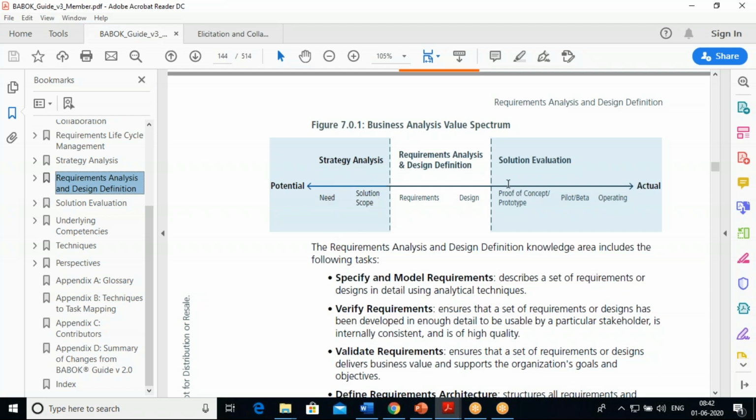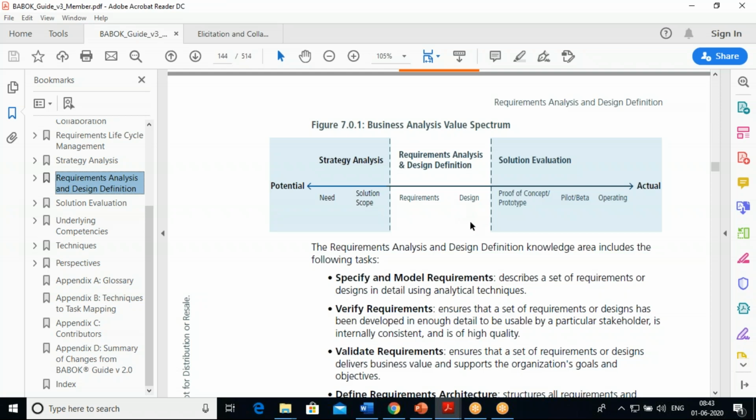Then in requirements analysis and design definition we will be handling requirements and designs. From the need we get the requirements, from the design we get the solution, and the mapping of these requirements to the design is what we are going to handle now.